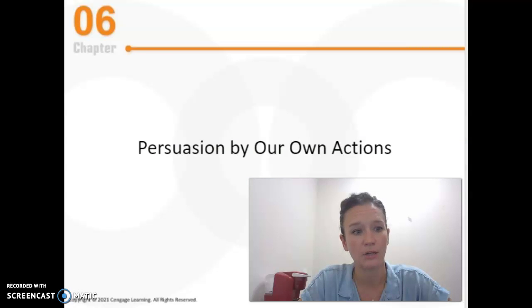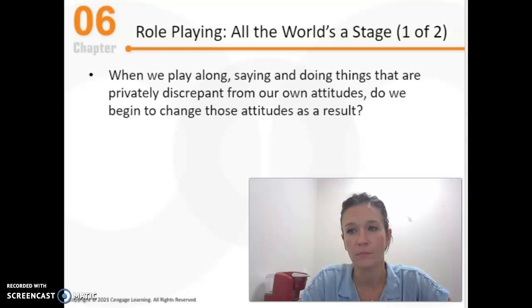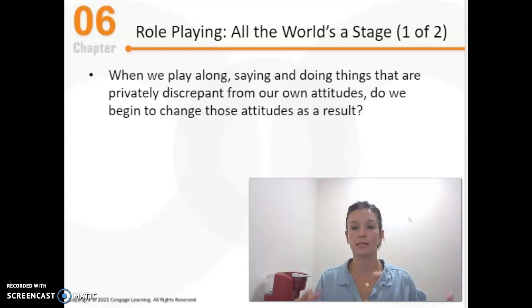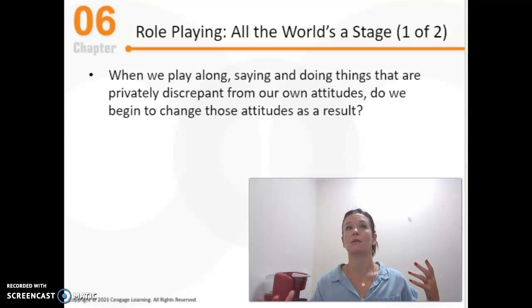Persuasion by our own actions. I did not go over this in class. If we are forced to take the opposing position, in doing so and doing the research for that, we may find that there are some aspects of it that we actually agree with.